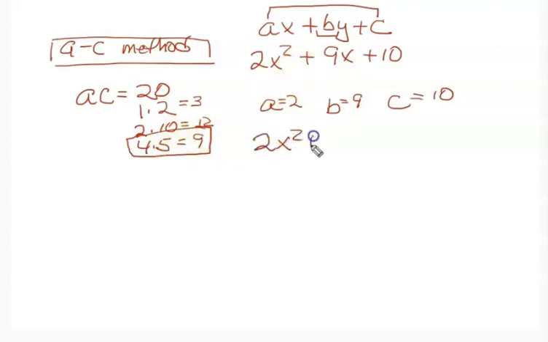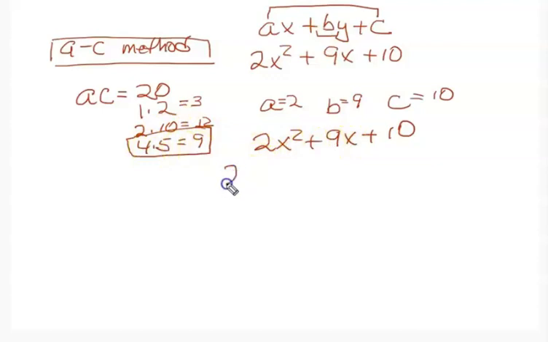So now we're going to rewrite this: 2x squared plus 9x plus 10. We're now going to take our factors here and write an equivalent equation separating our B term into 2 parts.